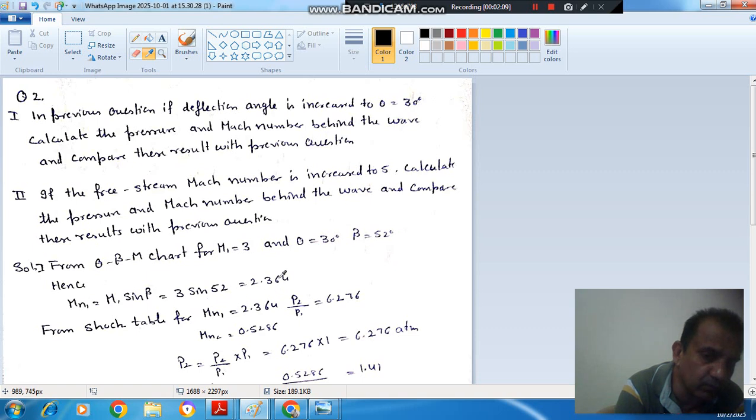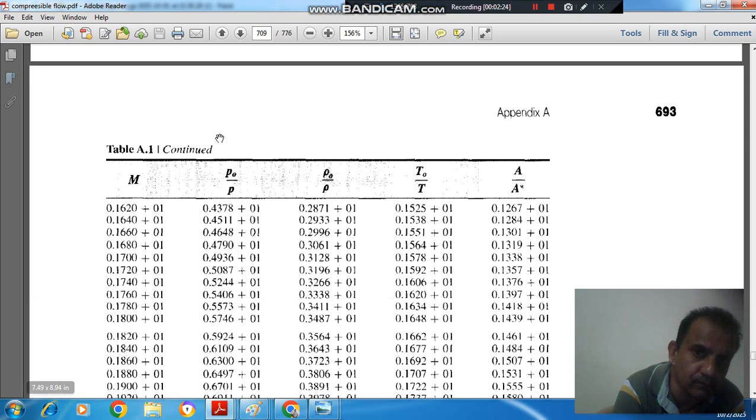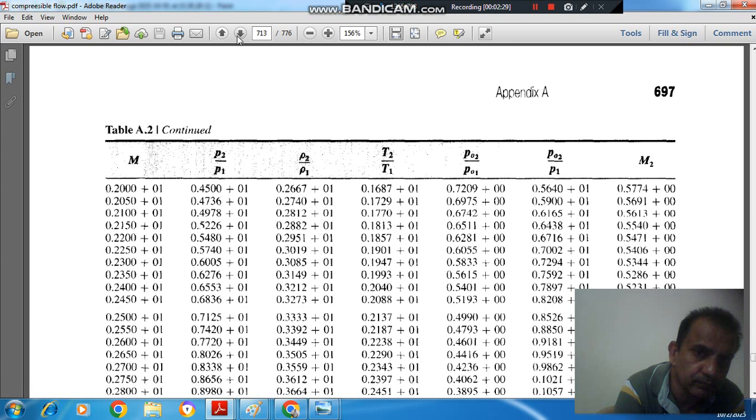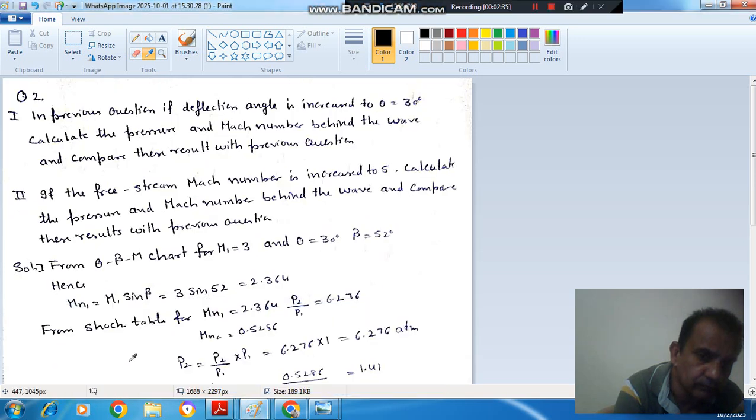Now from normal Mach number 2.364, from the shock table we can see the pressure ratio and downstream Mach number also. So this is your shock table, and the normal Mach number is 2.364.